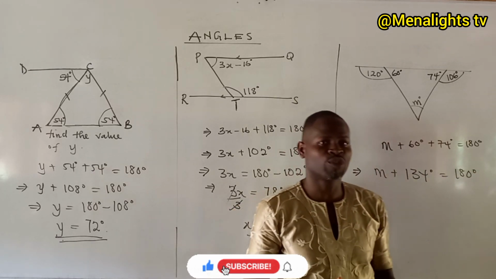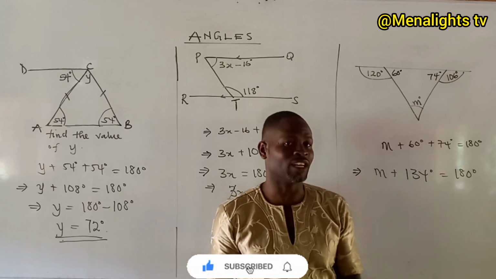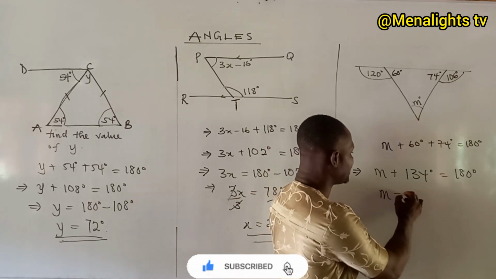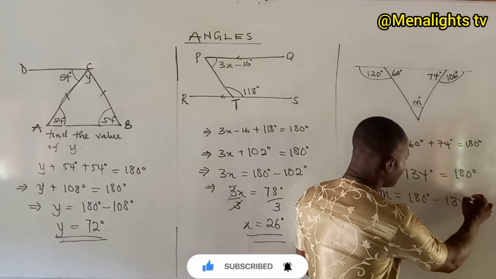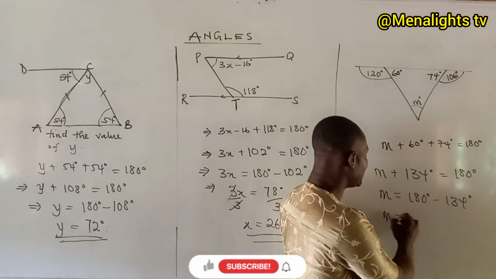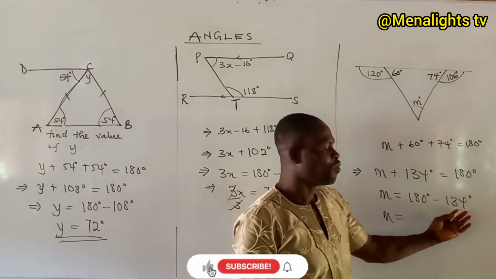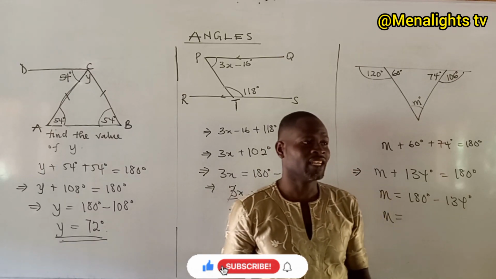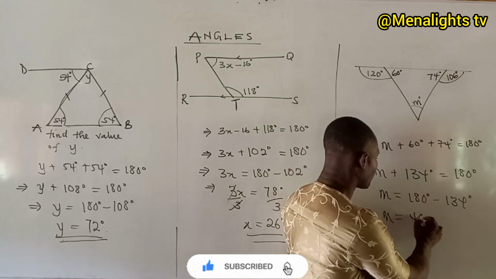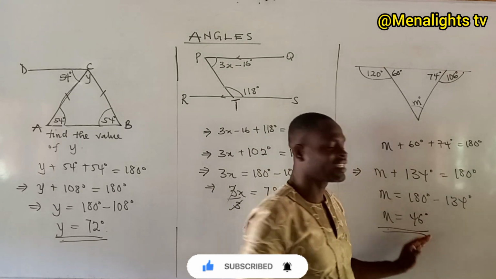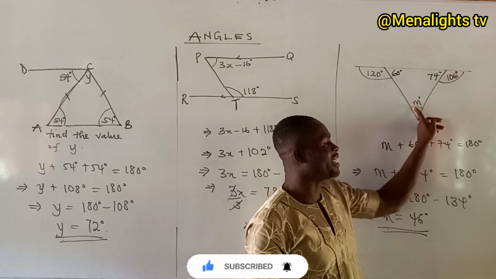Now from here we need to group like terms to make m stand alone. So our m is equal to 180 degrees minus 134 degrees. So when you take 134 from 180, then you'll be left with 46 degrees. So this 46 degrees is the value of m here.